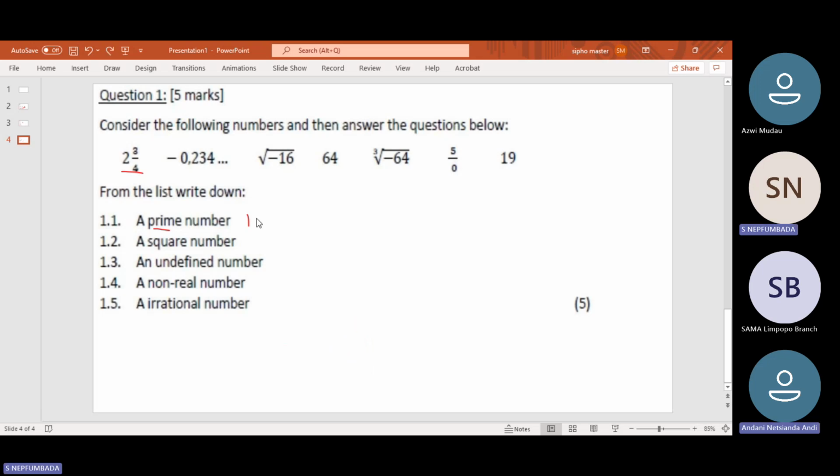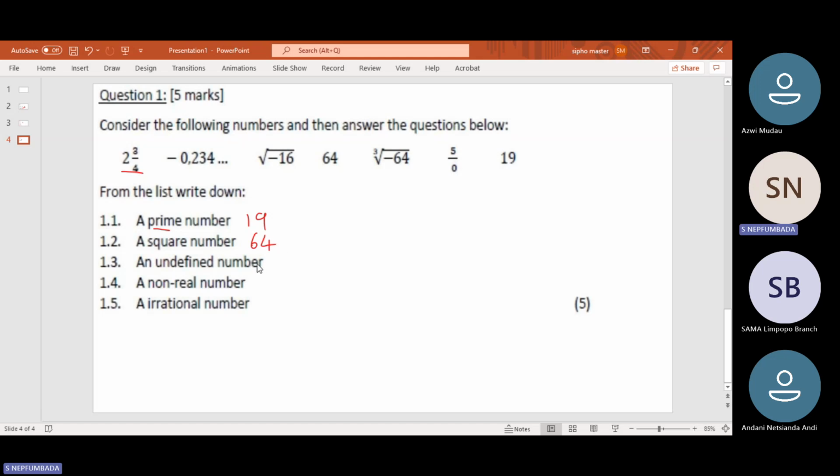So what is that number? I see, it's 64. Square root of 64 is 8.